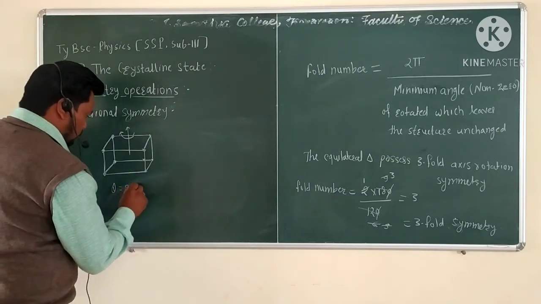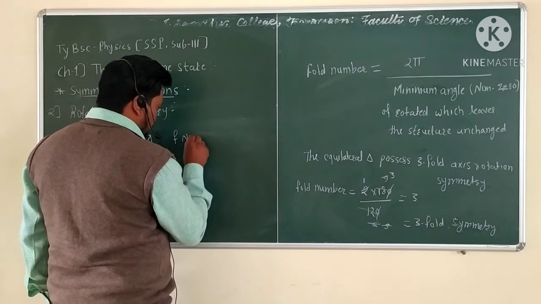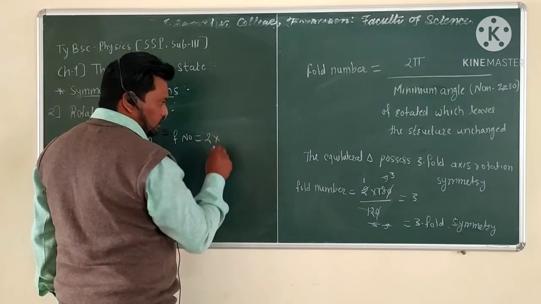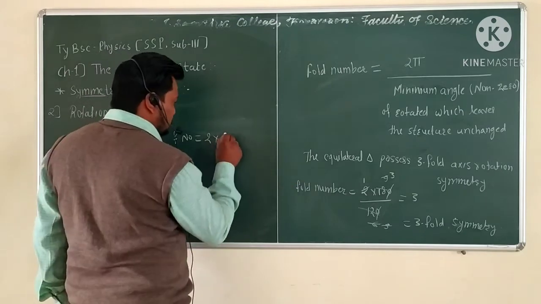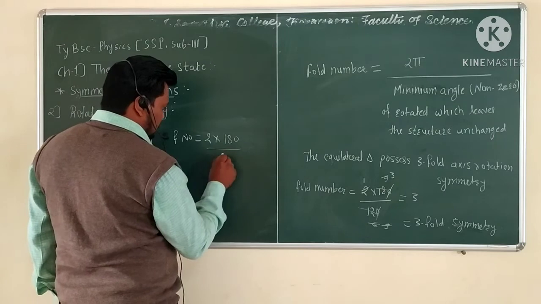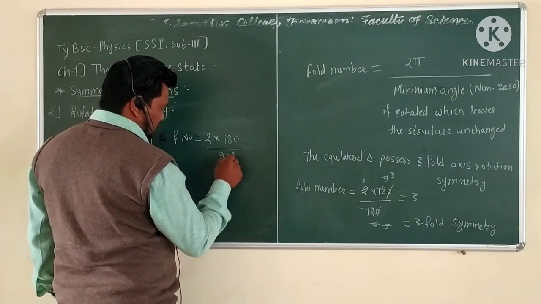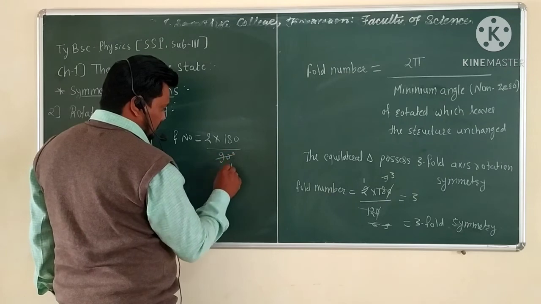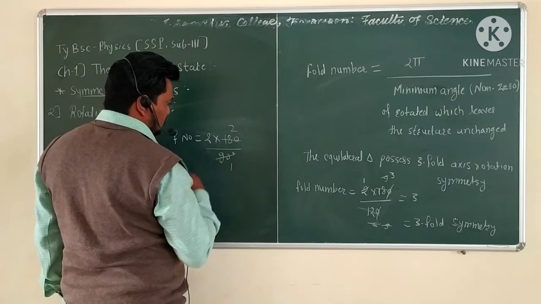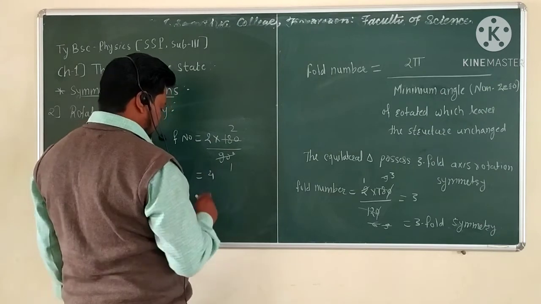So what happens here: the fold number is given by 2 times π, which is 180, divided by the minimum angle, 90 degrees. So 90 times 2 is 180, and 2 into 180 divided by 90 gives 4.